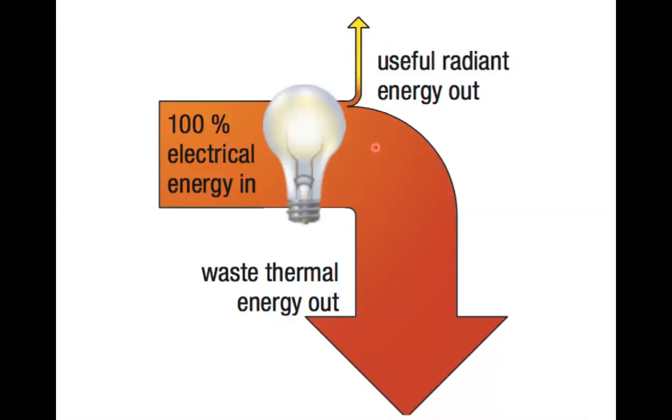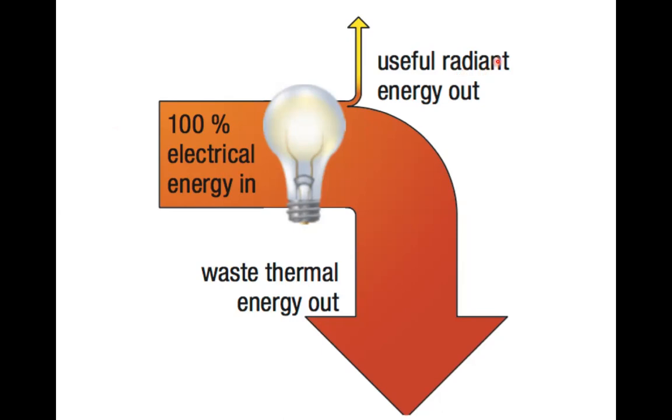Okay, moving on to another example. An incandescent light bulb is a transformation example. It's electrical energy at the beginning, and it turns into radiant energy, which is useful, which is light, and waste energy, which is thermal energy out. So let's say we had a 100-watt light bulb, that means in 1 second, 100 joules of energy goes into this process.